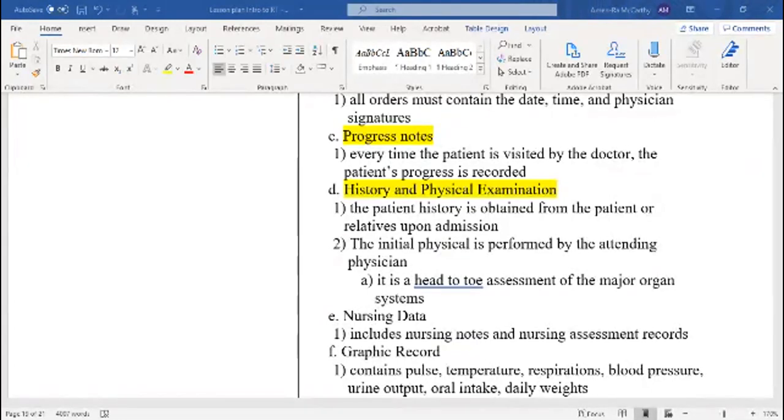Neck, anything about the neck, they're going to write. Chest, anything about all the organs in the chest, they're going to talk about. Abdomen, pelvis, digestive system, skin, all of the systems, they're going to talk about from head to toe. Scars on the left leg, bed sores on the right butt cheek, whatever it is.